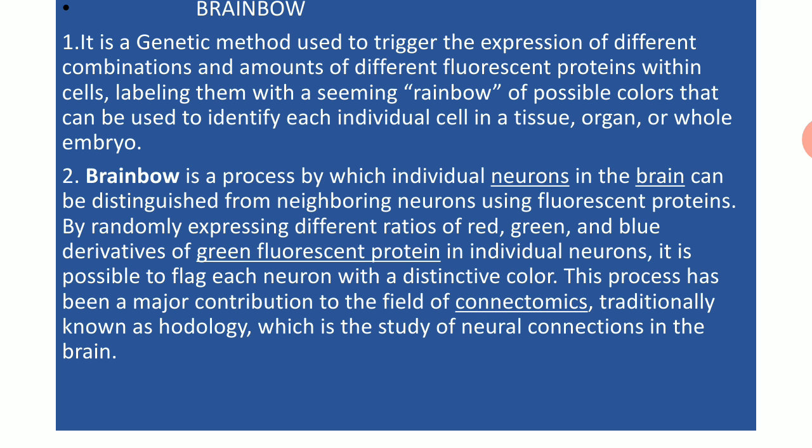Brainbow is a process by which individual neurons in the brain can be distinguished from neighboring neurons using fluorescent proteins by randomly expressing different ratios of the red, green and blue derivatives of GFPs in individual neurons. So for detail you can see Gilbert's developmental biology book.